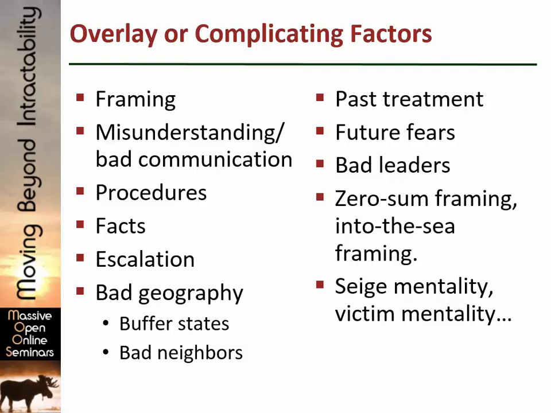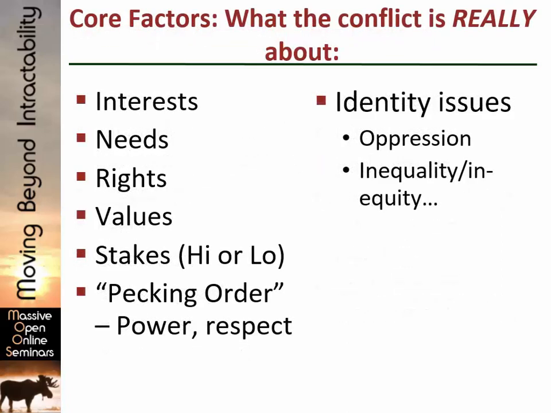We will be talking about all of these things more in future videos, but I just wanted here to introduce the notion that these factors tend to be at the core, and the more you have conflicts over fundamental needs, rights, values, high stakes, identity, none of those things can be negotiated.